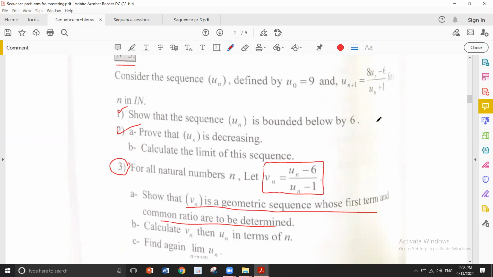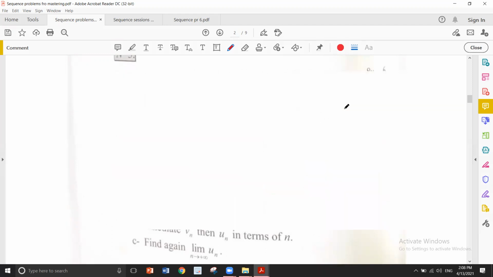To prove a geometric sequence, we have to prove Vn plus 1 over Vn equals a constant number called R, the common ratio. For an arithmetic sequence, Vn plus 1 minus Vn equals D. This is the rule for proving a geometric sequence.